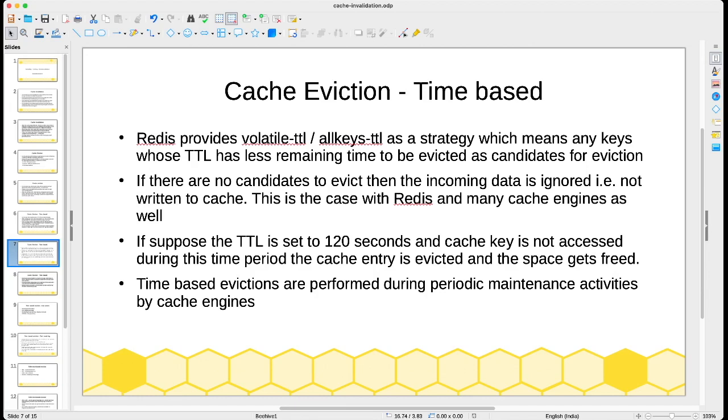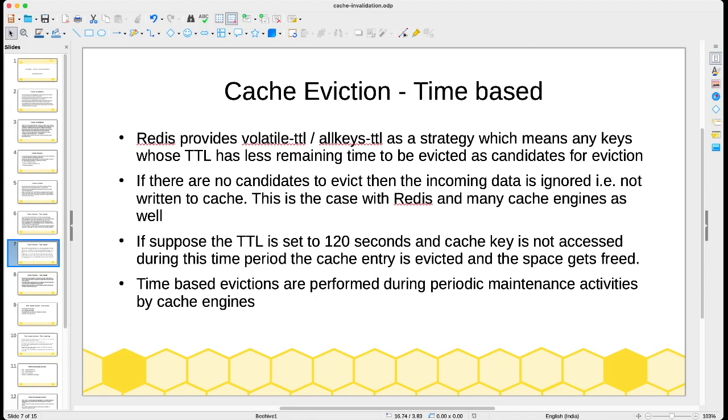Whenever the keys are marked for removal, when we try to access the key, it will not be available. The eviction of keys in Redis is not deterministic. What does it mean? Redis, like most caching engines, runs this job, and the keys which are nearing TTL will be marked, and the caching engine may evict them at any time. So it is not deterministic.